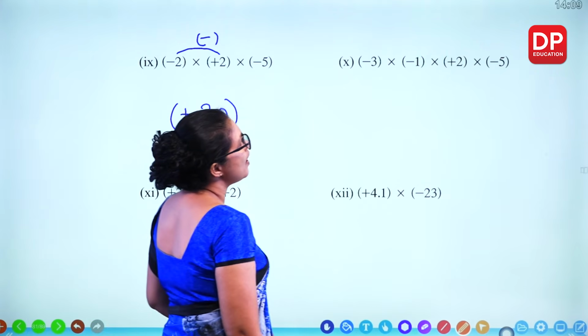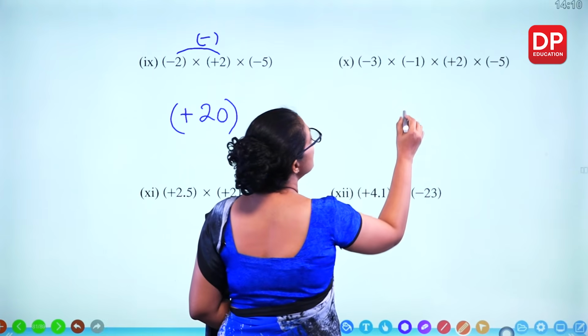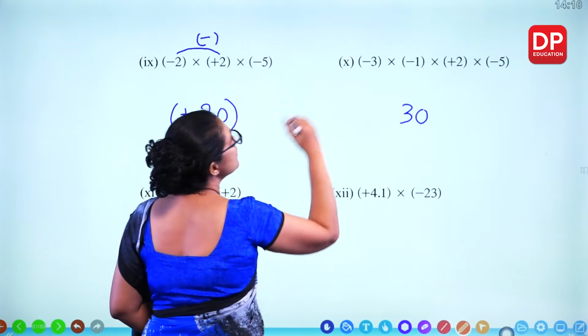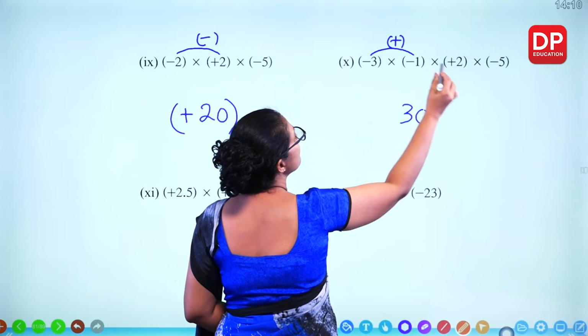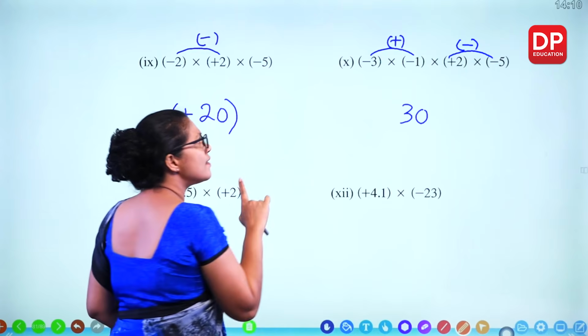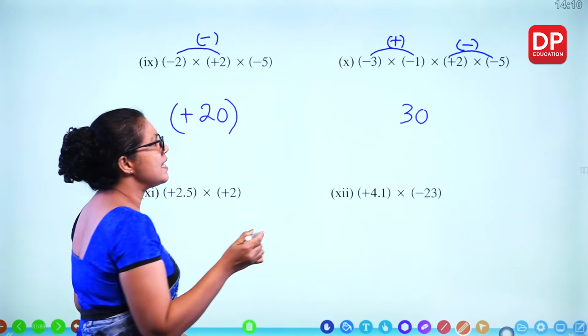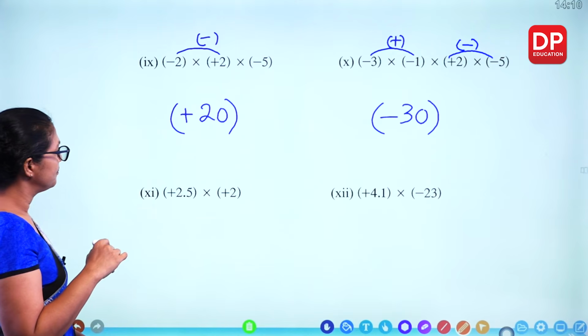Here 3 times 1, 3. 3 times 2, 6. 6 times 5, 30. Decide the sign. Negative, negative, positive. Here positive, negative, you get negative. Now again positive, negative means the final answer is negative.